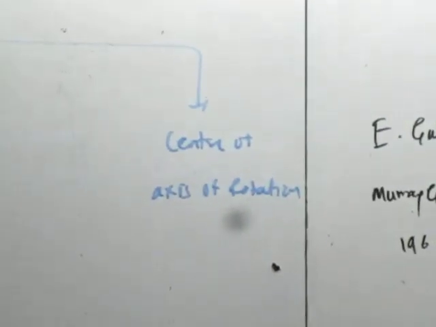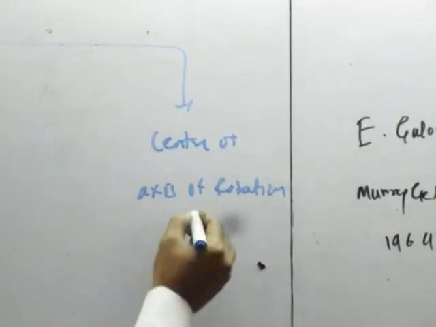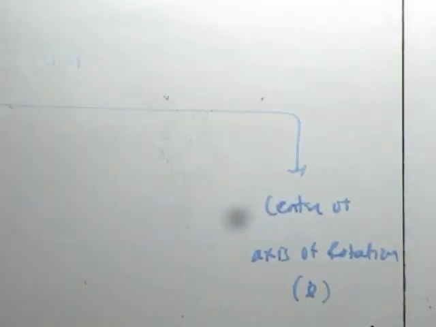Then the last one, the center of the axis of rotation, is denoted by i.